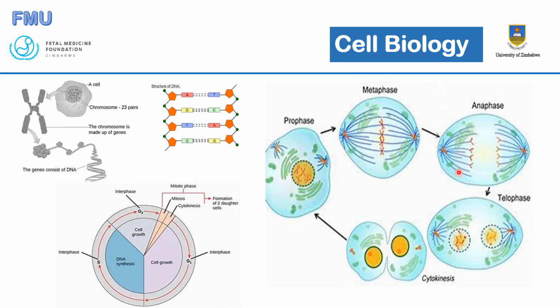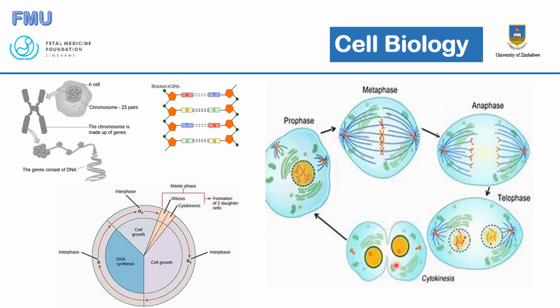When they divide, they will go on to multiply to return the number of chromosomes to a diploid number, that is 46 or 23 pairs. And then we have them going again to the resting phase.